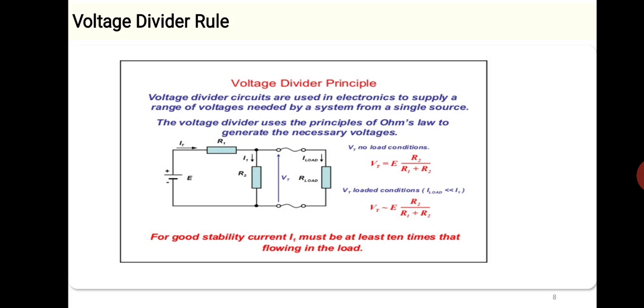In the figure, Vt is equal to E into R2 divided by R1 plus R2. In loaded conditions, the load current is much less than the source current, and Vr is equal to E into R2 divided by R1 plus R2. For good stability, current I must be at least 10 times that flowing in the load.